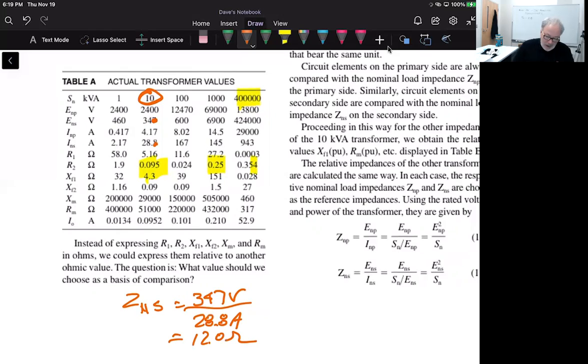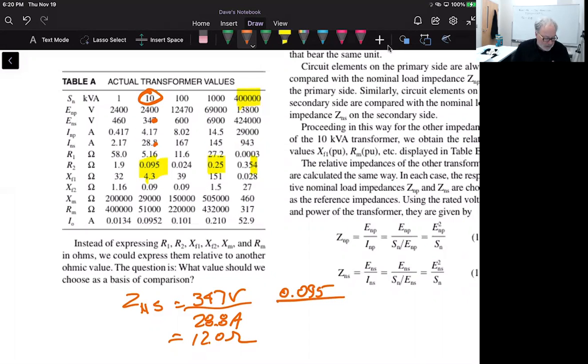And the way that we can use that is we'll look at the value here and go at it with that approach instead of the actual values. So for our particular example, if I'm looking at R2, I'm going to say 0.095 divided by our base.